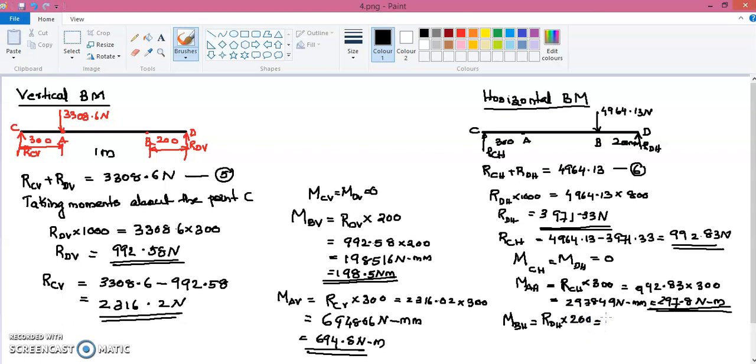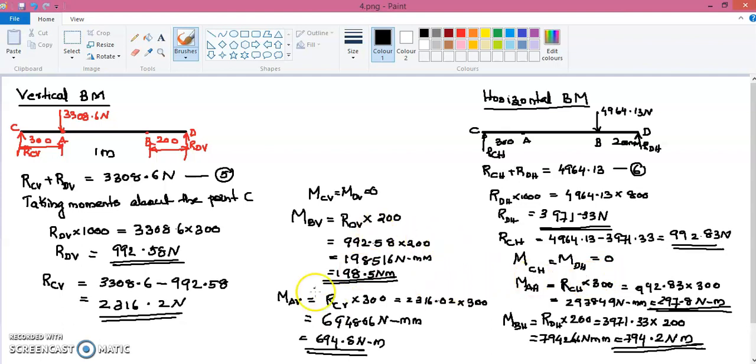So if I substitute the value for RDH, that is 3971.33 into 200, I will get this value as 794266 Newton millimeter, or it is equal to 794.2 Newton meter. So we have found out the bending moment produced by the horizontal load.